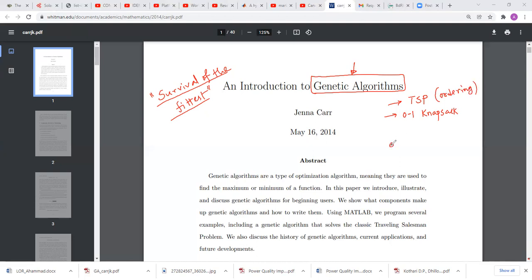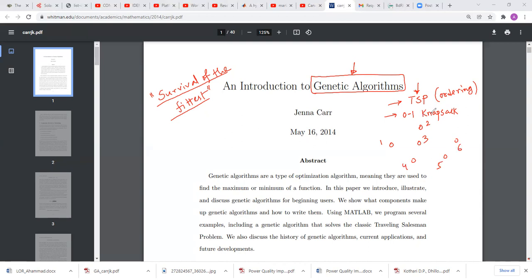By ordering, I mean, let's say you have some cities, and a salesman who is traveling has to complete his path. Cities are represented by simply nodes 1, 2, 3, 4, 5, and 6.